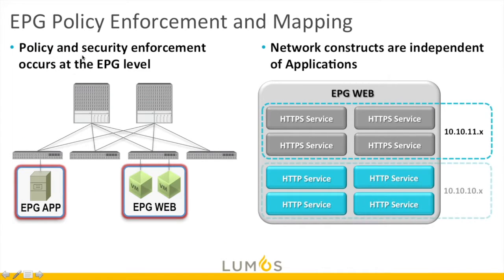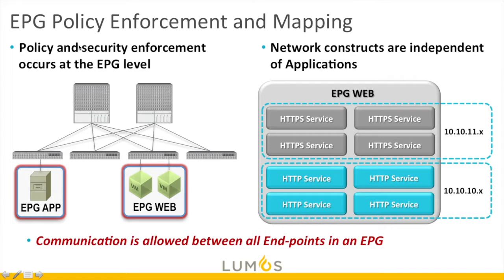Policy and security enforcement occurs at the EPG level. This is something that we do to save on hardware forwarding table space, ACL space, etc. So we're going to apply security profiles to the EPG rather than to the individual hosts. In this case, we might have a one-to-one relationship.